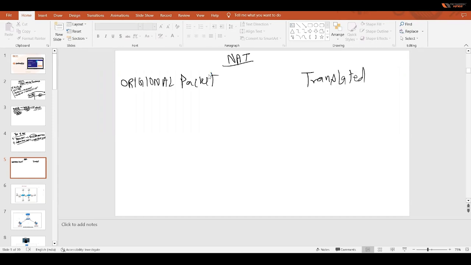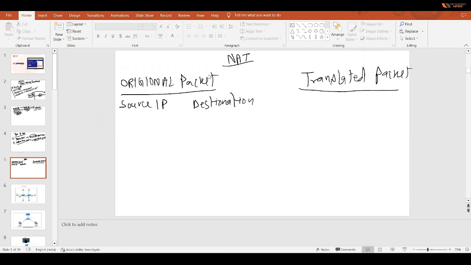If you always do a match like this on your paper, you will not get confused. So put the names: source IP and destination IP, the same in both. Okay, that is clear. Original packet and translated packet.